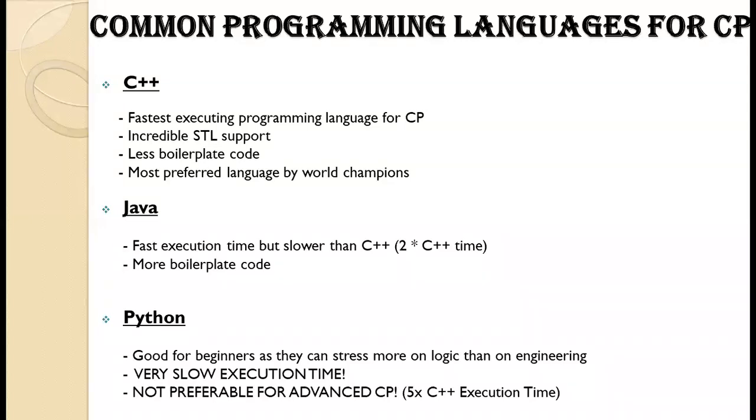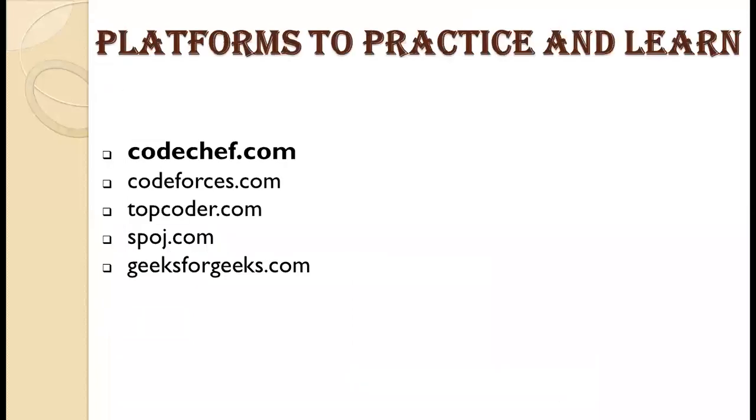It is also good in execution, but slower than C++. And the last is Python. Python is good for beginners as they can focus more on logic than on engineering. But in competitive programming, it has one big disadvantage, that is very slow execution time. So overall, I will suggest C++. How you can practice on CodeChef will be discussed by Chitra Sharma.